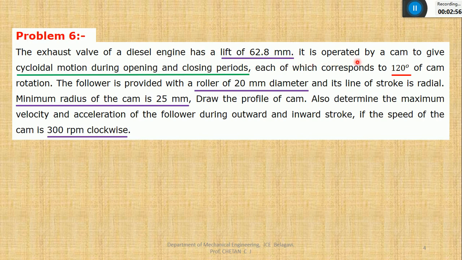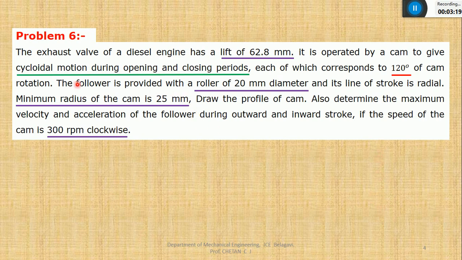And it is operated by a cam to give a cycloidal motion during opening and closing periods. It means this exhaust valve is connected to a cam. As the cam starts rotating, the exhaust valve will be opening and closing. It means it will be moving up and moving down.